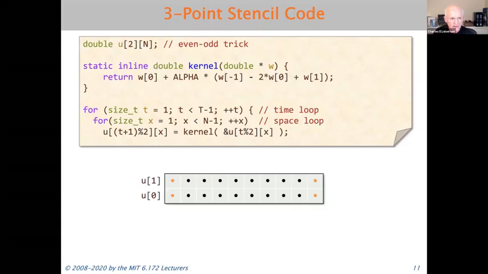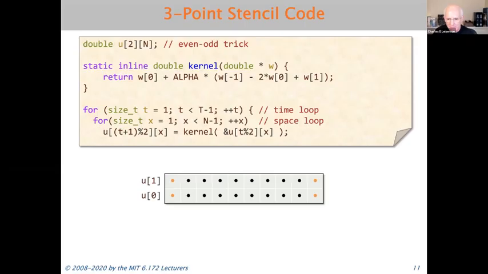So the slow moving index is t and the fast moving index is x. And at each point, this code performs the update function by calling the function kernel, which it's requesting the compiler to inline, because you really don't want to pay for function call overhead when you implement this.